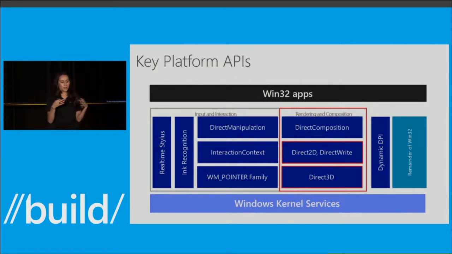Now, once you have the rendered bitmap, so once you have the red circle, the blue square, the JPEG bitmap, that video surface, you need to get it on the screen somehow, and that's where Direct Composition comes in. Direct Composition allows you to show that content on the screen, but you can show it not just by popping it on the screen. You can actually show it with a transformation, an animation, an opacity effect. That's what Direct Composition will allow you to do with those bitmaps that you have rendered.